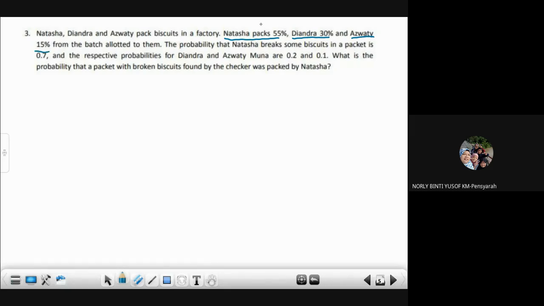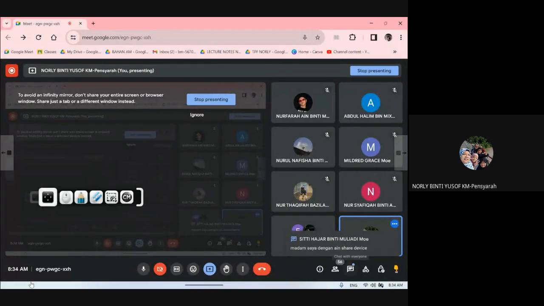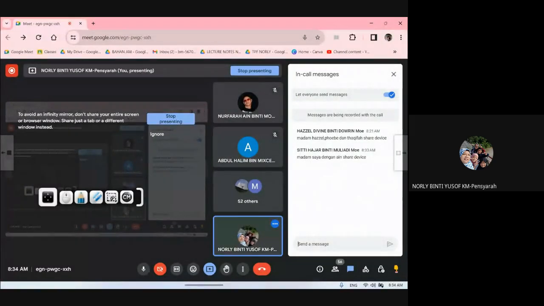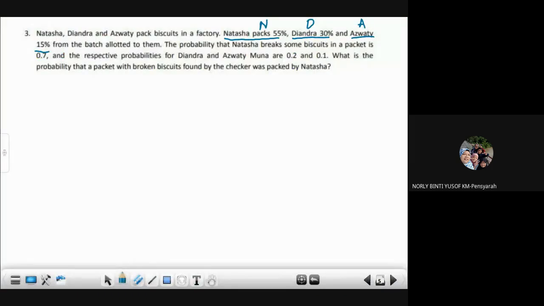So you boleh buat nama lah as notation N, D, A. From the batch allotted to them, the probability that Natasha breaks some biscuit in a packet is 0.7.